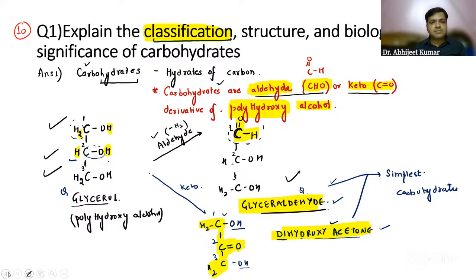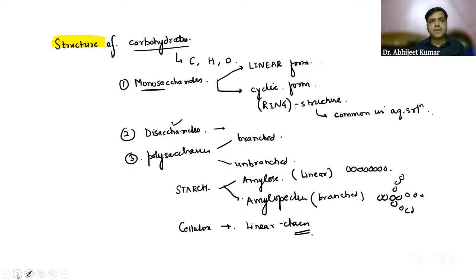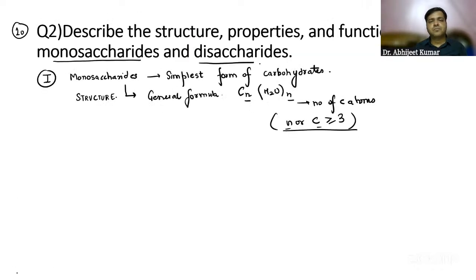Let me make a table for you. Depending on the number of carbon atoms, we have 3, minimum 3, then 4, 5, 6.